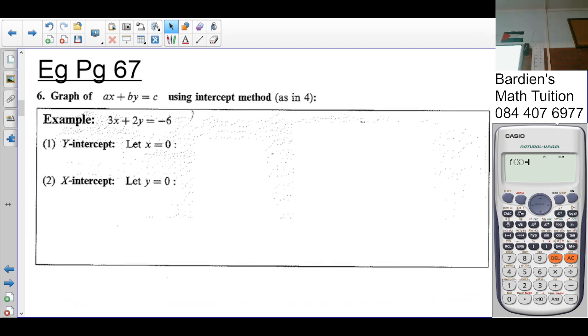The graph of ax plus by equals c using the intercept method. Example: 2x plus 2y equals negative 6.